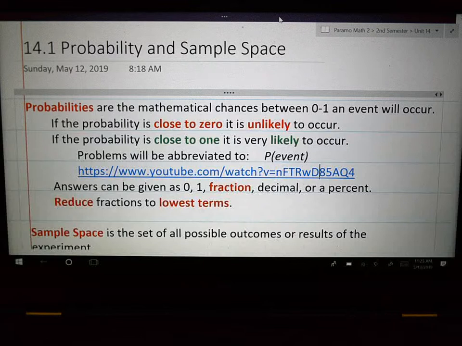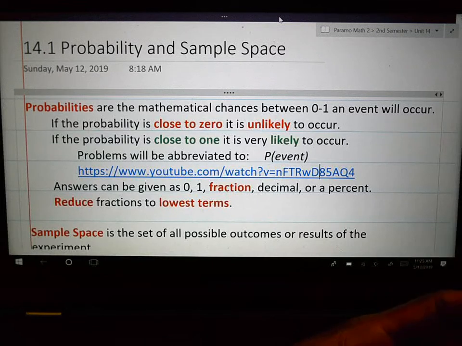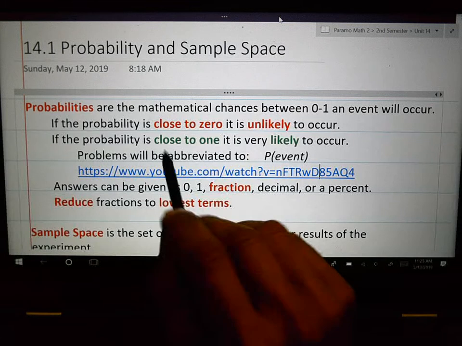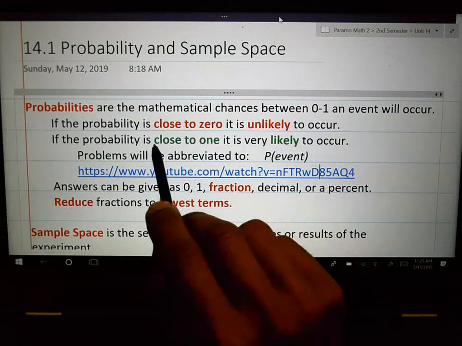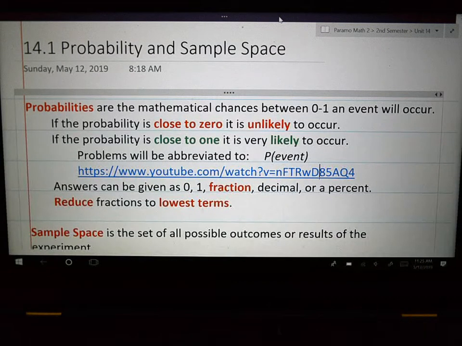The chances of rain today are very, very, very low. When she said 1 out of 100, he said 1 out of 100, she said 1 out of a million, meaning that is an even farther chance than 1 out of 100, and so he didn't quite get that. Anyways, anything close to zero is unlikely to occur. Anything close to 1 is very likely to occur.